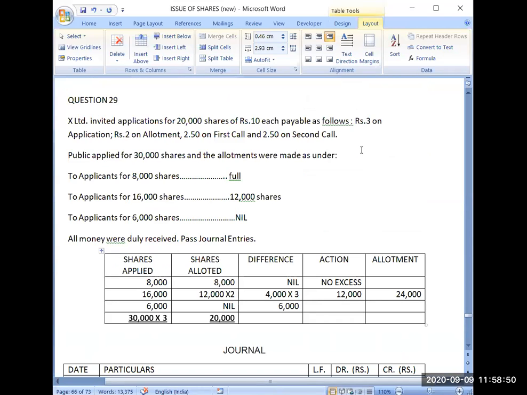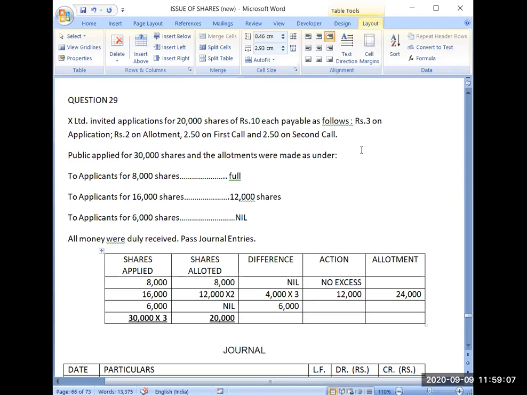Has the question told anything about excess money in this question? How to use the excess money? How you will be using the excess application money?